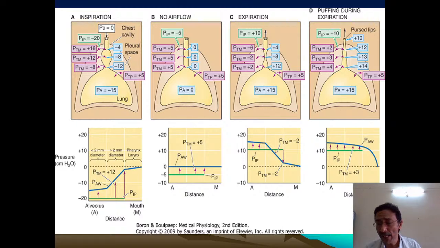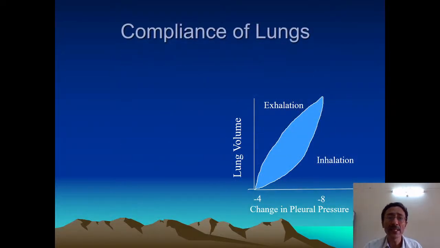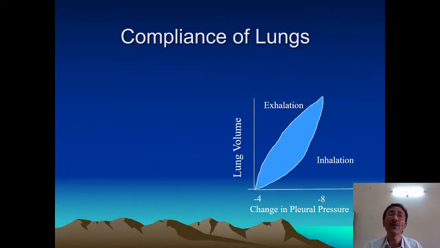Now what is compliance? Compliance means the ability of the lungs to expand, or distensibility of the lungs. To have a stretching or distension of the alveoli, it has to overcome the collapsing nature of the alveoli, and that is called the compliance of the lungs.